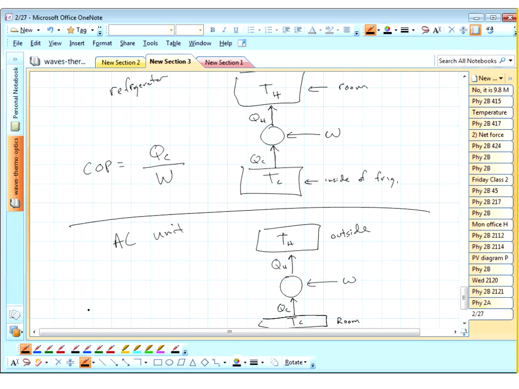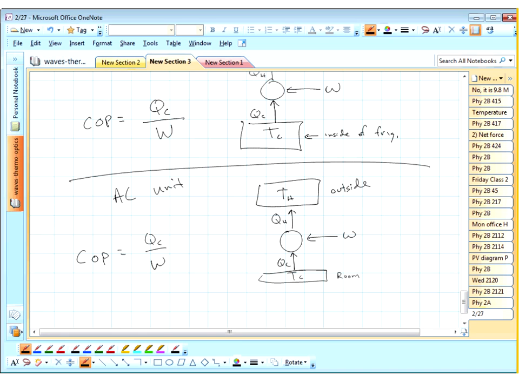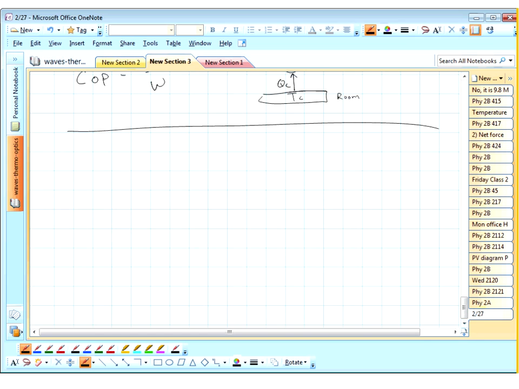No, I'm thinking of a heat pump. Let me do this. So this is the same. This is the same coefficient of performance. Right, because the desired output is removing the heat from your room, and you have to put W in to do that. A heat pump works the opposite way.